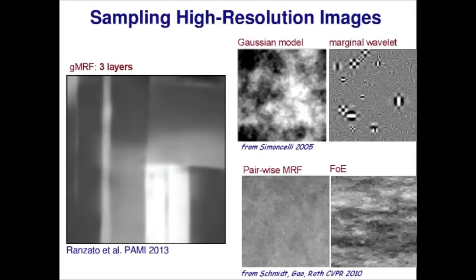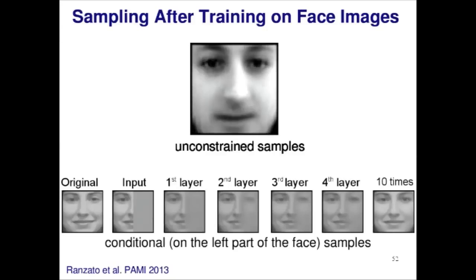The point here is just to interpret what you learn, and it's an advancement on how we can model natural images. We can apply the same thing also to face images, for instance. On the top, after I train on face images that were registered by the eyes, you can see the Markov chain Monte Carlo sampler in action.